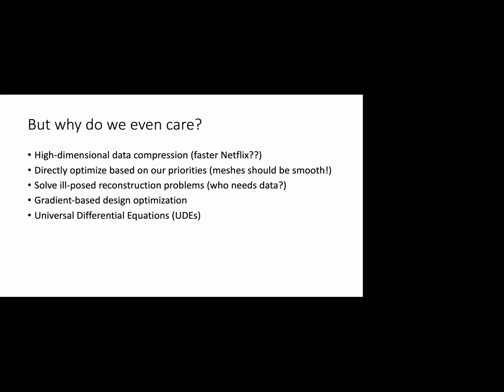And things like this gradient-based design optimization are such a powerful tool, and I think it'll enable a lot of that. And then finally, universal differential equations. It's a really cool philosophy of actually making the data and the physics work together to come up with systems we trust. So I think this is a super cool field, and hopefully you all do too.